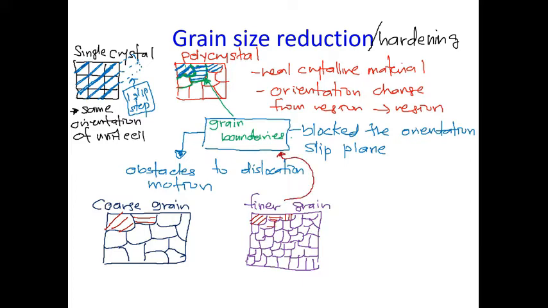From this example, you can count 1, 2, 3, 4, 5, 6, 7, 8, 9, 10, 11, 12. So you have 12 grain boundaries here. For the coarse grain, I bet it will be higher than 12 grain boundaries. So this is a simple observation. The finer grains will have more grain boundaries.